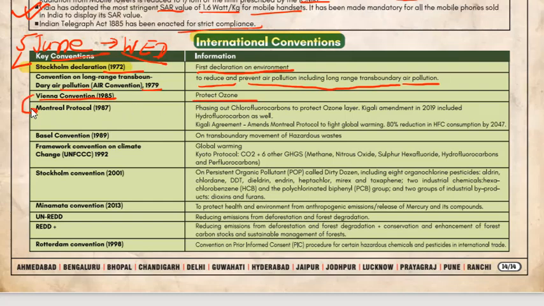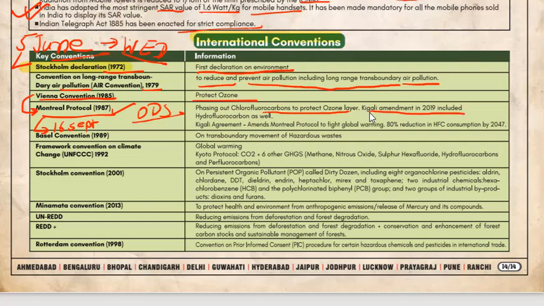Under the Vienna Convention came the Montreal Protocol in 1987, to protect the ozone layer and phase out ozone depleting substances. Actually, the Montreal Protocol was on 16 September 1987. That's why on 16 September we celebrate World Ozone Day. This is phasing out chlorofluorocarbon to protect the ozone layer.